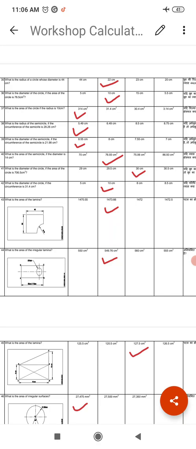Its answer is 8.55 cm. Option A. Next, what is the area of the semicircle if the diameter is 14 cm? Its answer is 76.93 cm square. Next, what is the diameter of the circle if the area of the circle is 706.5 cm square? Its answer is 30 centimeter.